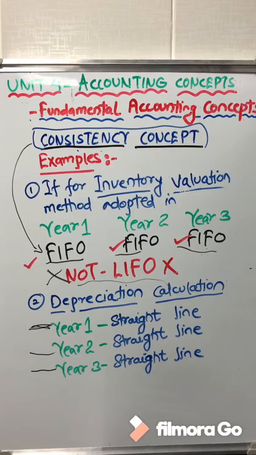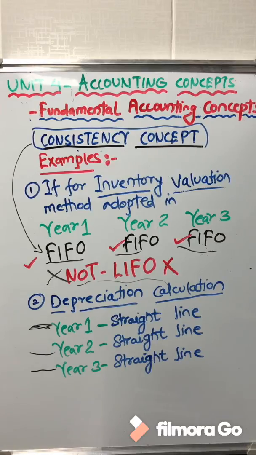However, this does not mean that the business must always use a particular method. The business may make changes if it has good reason to do so. Each change must be declared in the notes accompanying the financial statement.